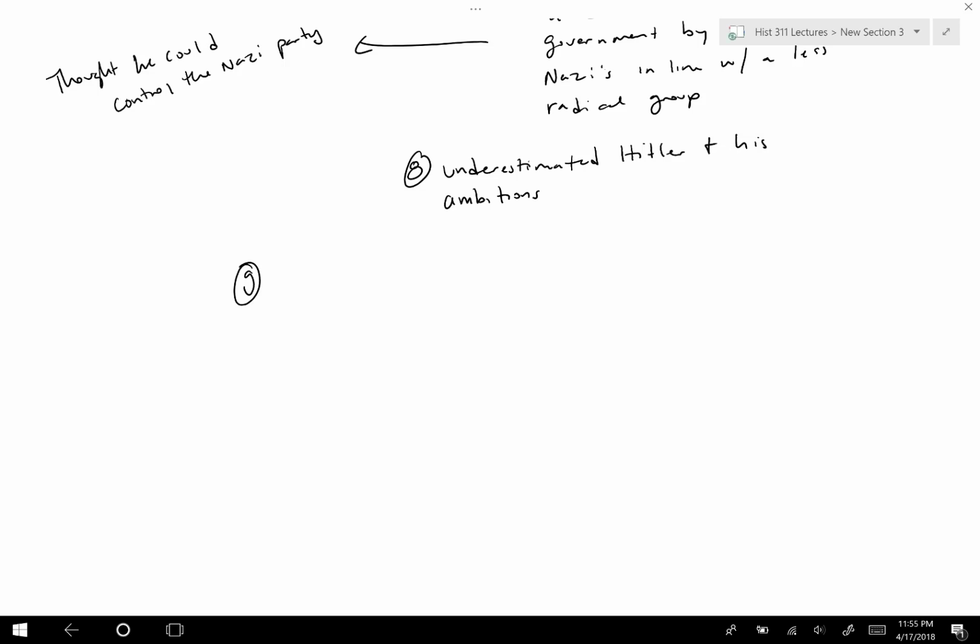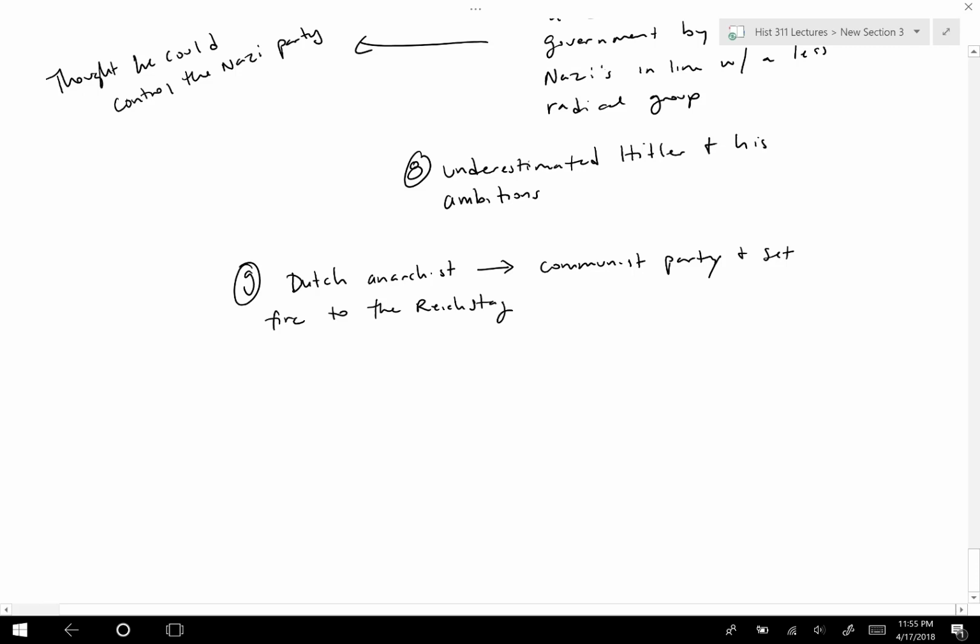And what happened was, an event that happened, and there are lots of conspiracy theories behind this event. But supposedly there was a Dutch anarchist group that was connected to supposedly the Communist Party, and they set fire to the Reichstag. He used this event to suspend civil liberties, which he claimed as a defensive measure.